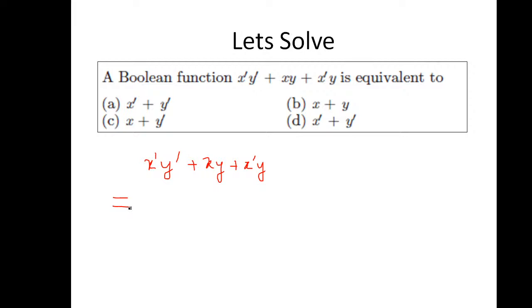Now for this case, if I take common from the first term and the third term, what are you going to get? You just take common x bar from the first term and the third term, so you will be getting y bar. It is an easy problem, right? It's not too difficult.